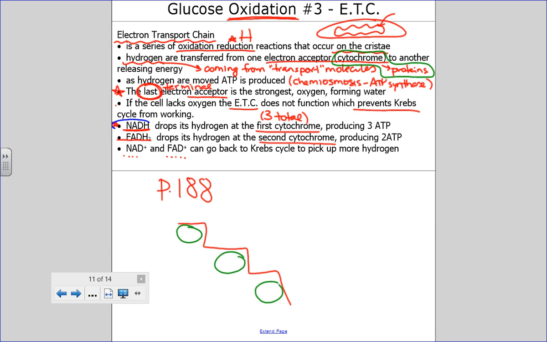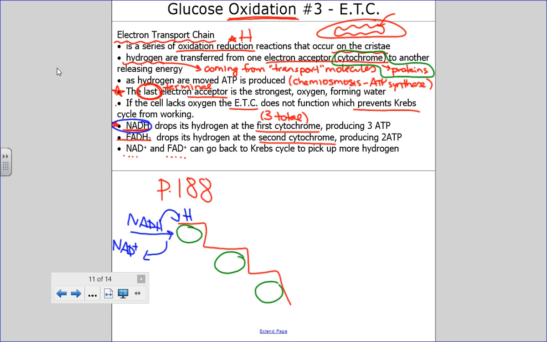NADH, like we said, comes to the first cytochrome and drops off its hydrogen. What's left? NAD positive. So what happened right here? NADH got oxidized. It lost its hydrogen.